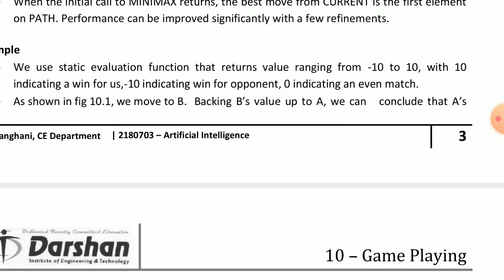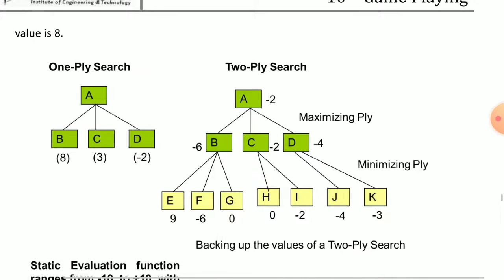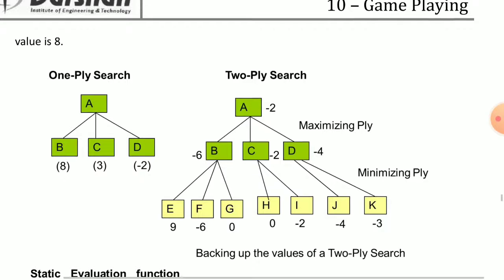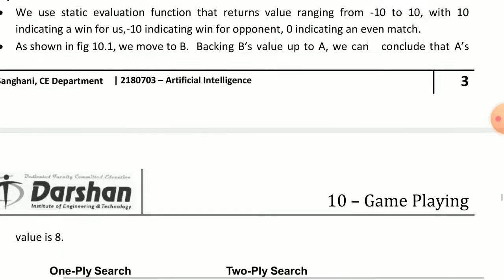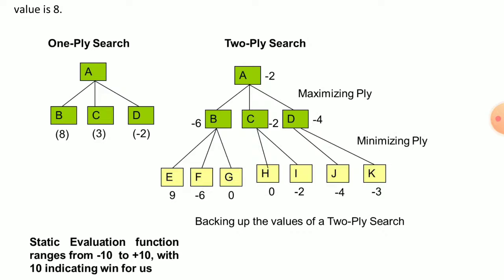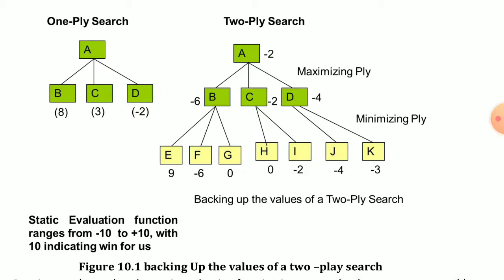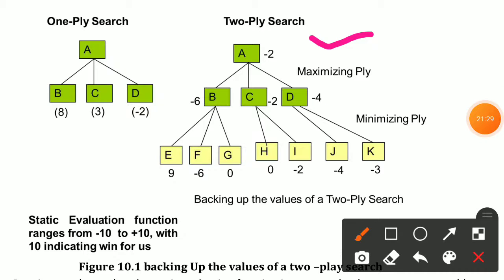So here we can move to B, and the value of A is 8. Okay, now in the second figure, the value of A is minus 2, because BCD have different values, okay.